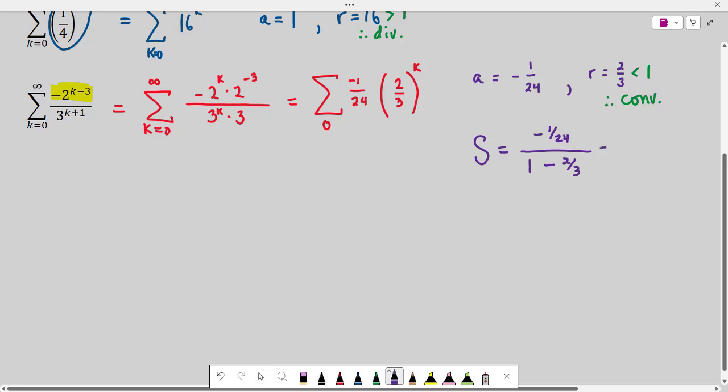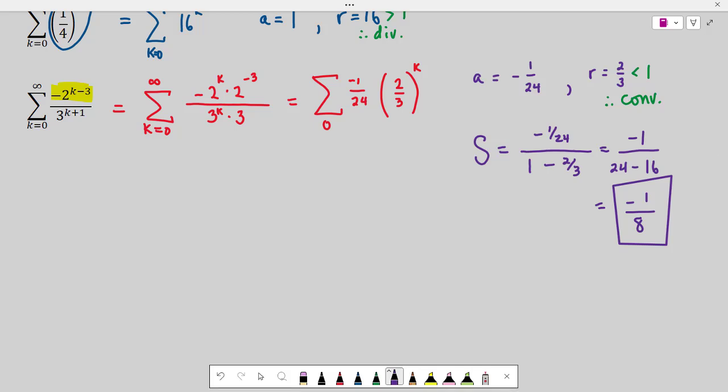I'm going to multiply everything through by 24. Multiply by 24, 3 goes into 24 8 times. So we end up with -1/8. Minus an eighth. Almost minus a 12, but not quite.